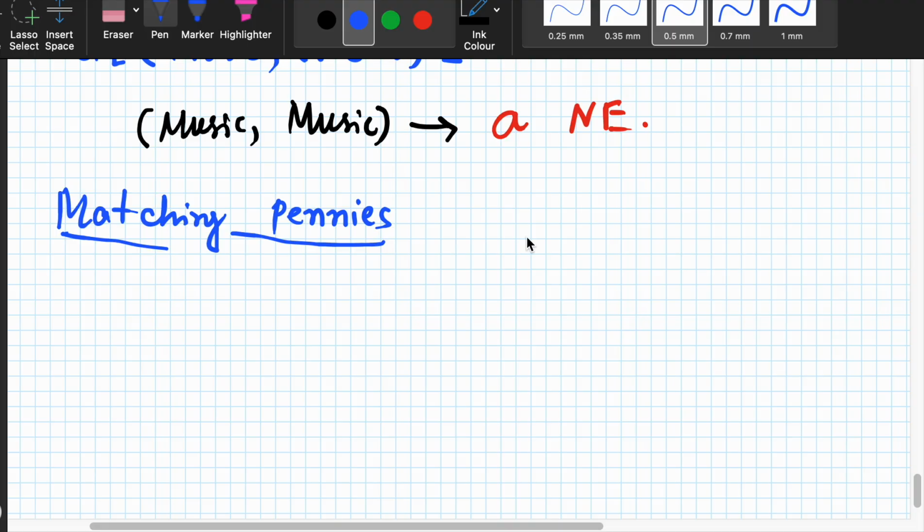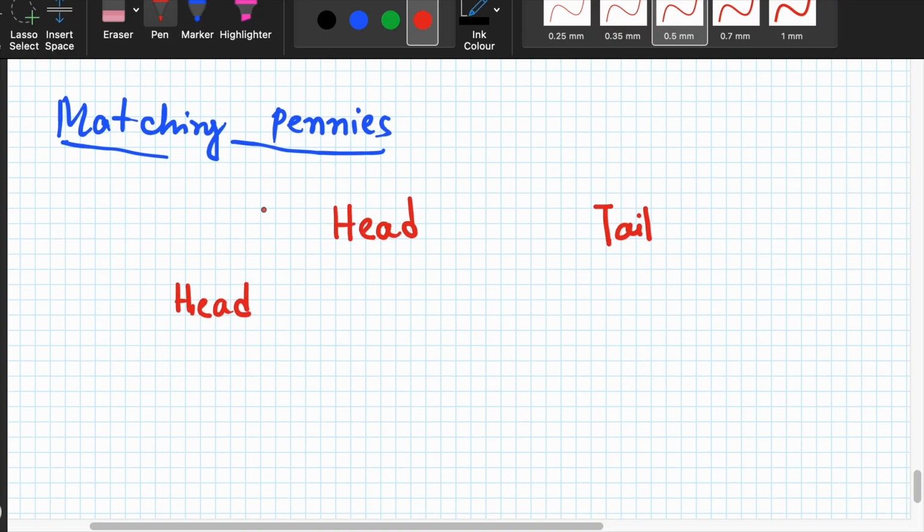So what was the game? Okay, we know what the game is. One strategy is head, another strategy is tail, and here also head and tail.